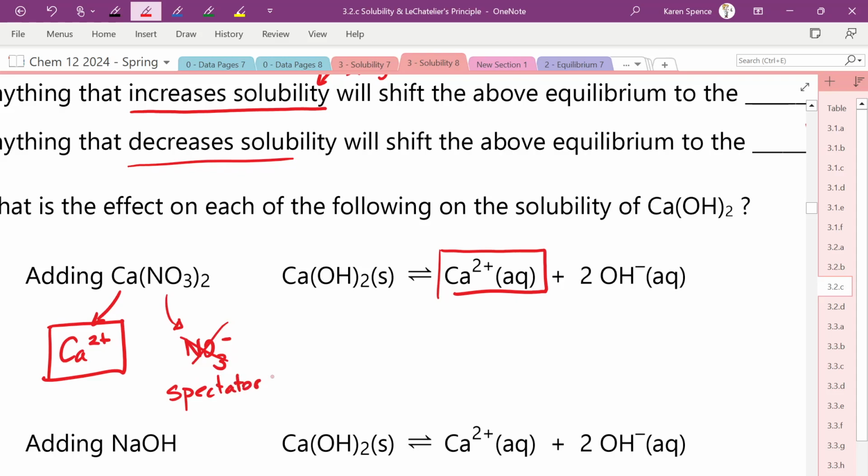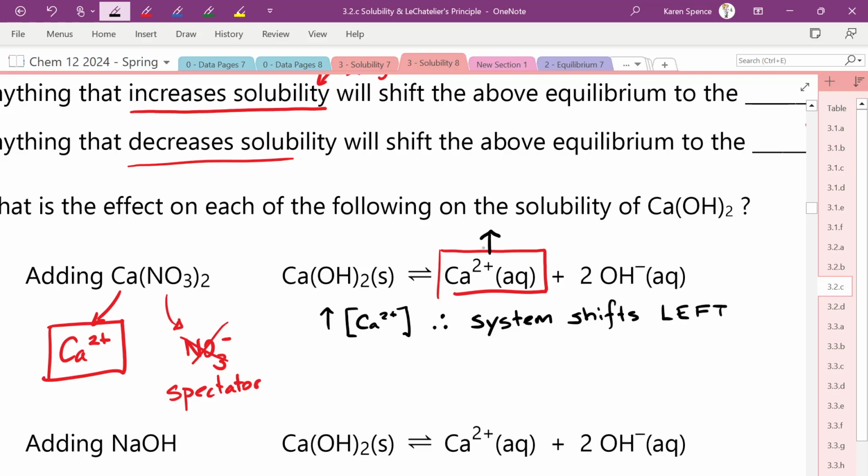Okay, so what have we done to the concentration of Ca? We have increased the concentration of Ca2 plus. Therefore, the system shifts which way? Left. Therefore, do we have more dissolved calcium hydroxide or less dissolved calcium hydroxide?